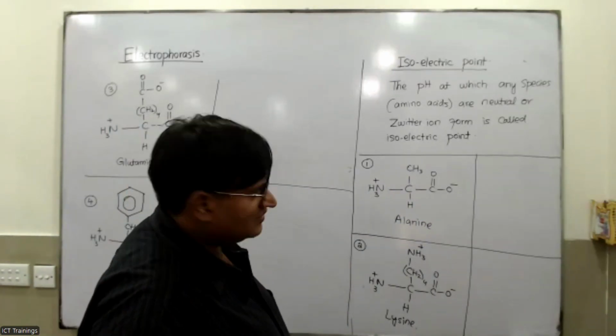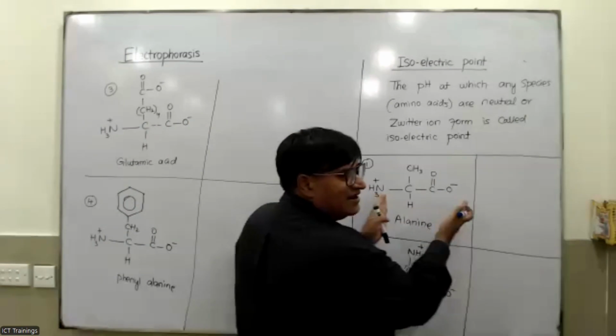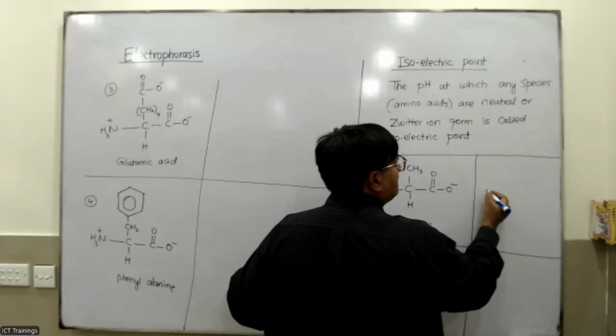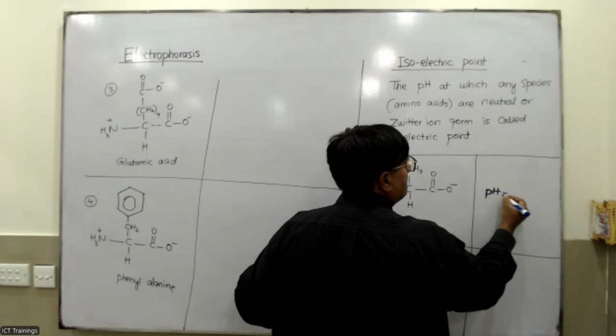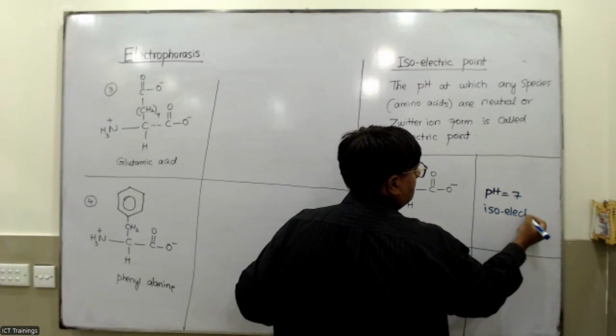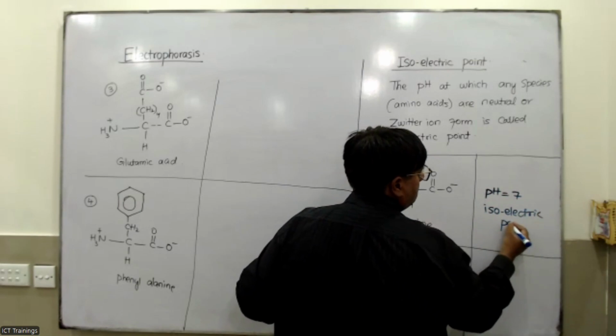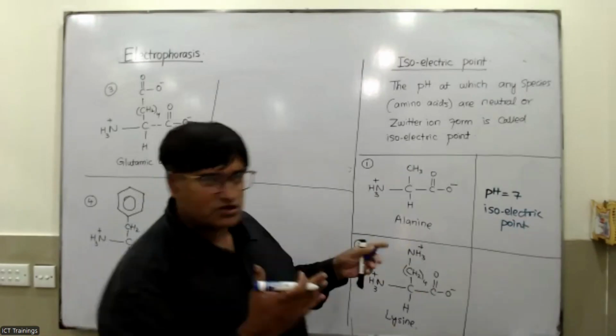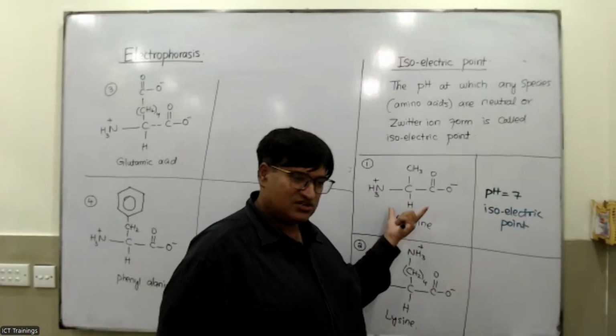Sir, 7. Thank you so much. So this is already neutral. So for something that is already neutral, pH 7 is the isoelectric point for it. Because this is already neutral, you don't need to change it.